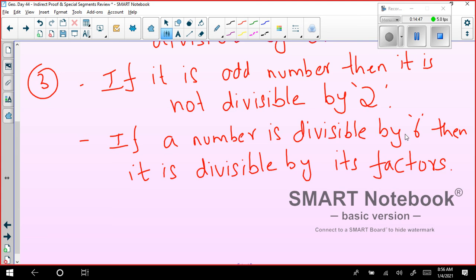And the factors of 6 are nothing but 2 and 3. 2 and 3 are factors of 6.